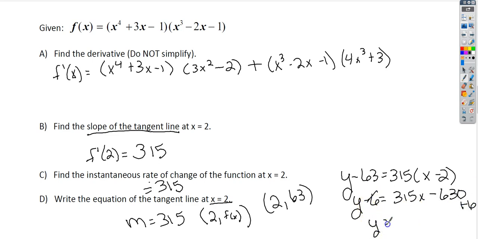And we get y equals 315x minus 630, plus 63. And that gives us 567.